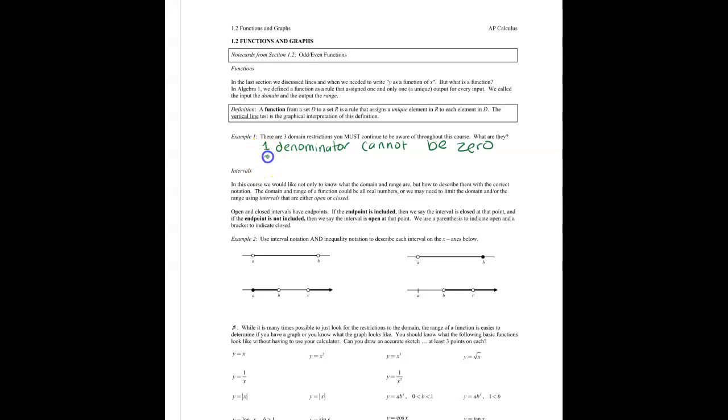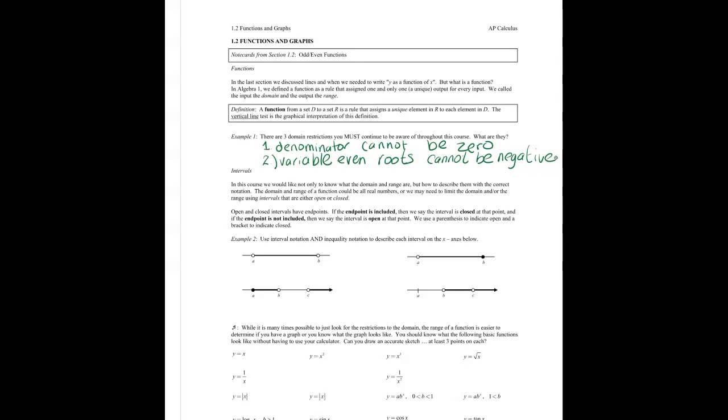The second one that we talked about last year was that underneath the square root cannot be negative, so the variable in even roots must not be negative.